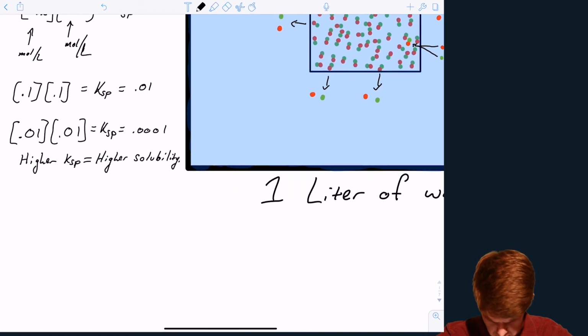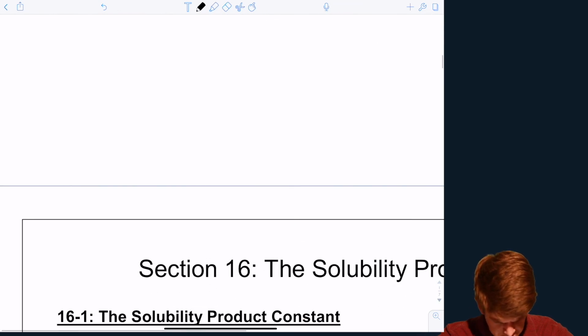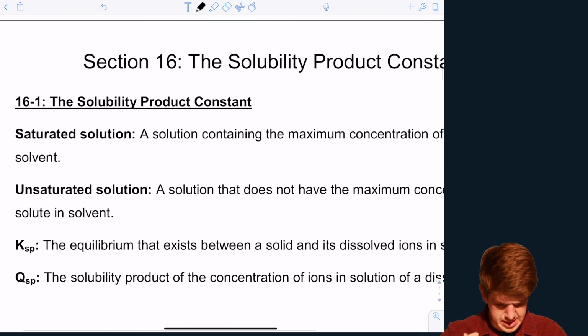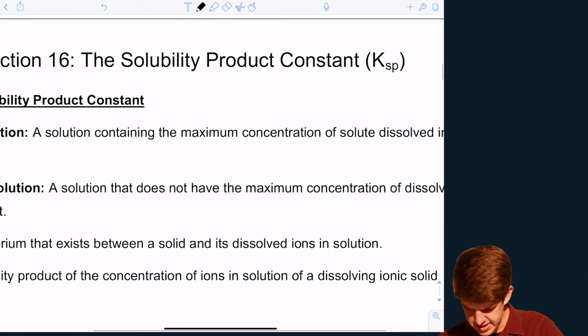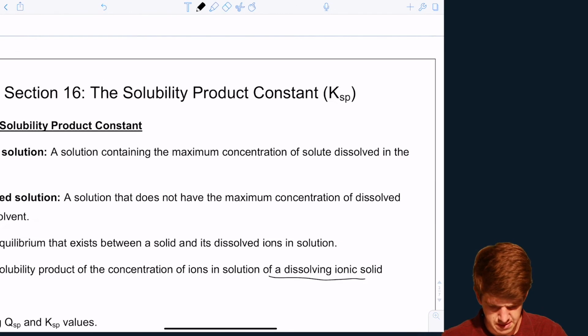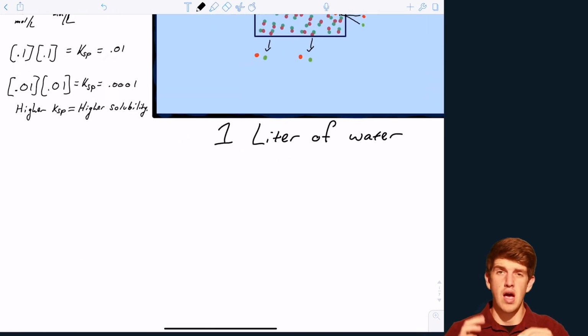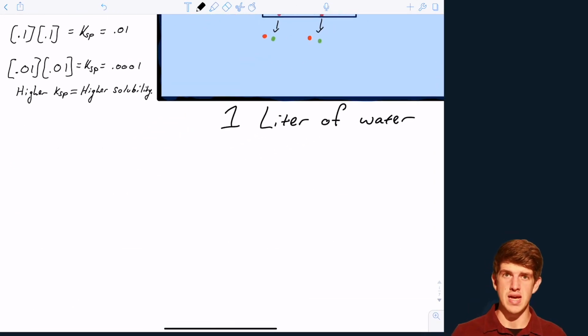I can compare at any given time my Qsp to my Ksp. Qsp is how many are currently in solution at this moment in time. Ksp is always how much I like to have at equilibrium.